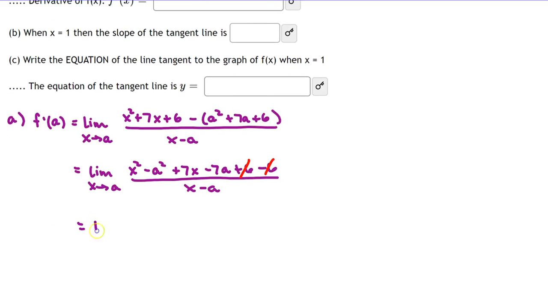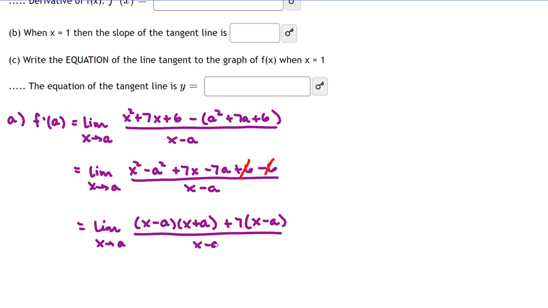So notice that the first two terms, x squared minus a squared, is a difference of squares, and it factors into x minus a times x plus a. And then notice that the next two terms are both multiples of 7, so we can factor out 7, and we have 7 times the quantity x minus a.